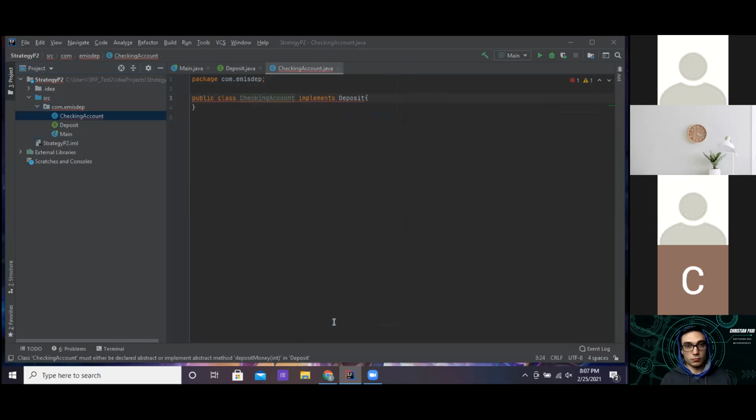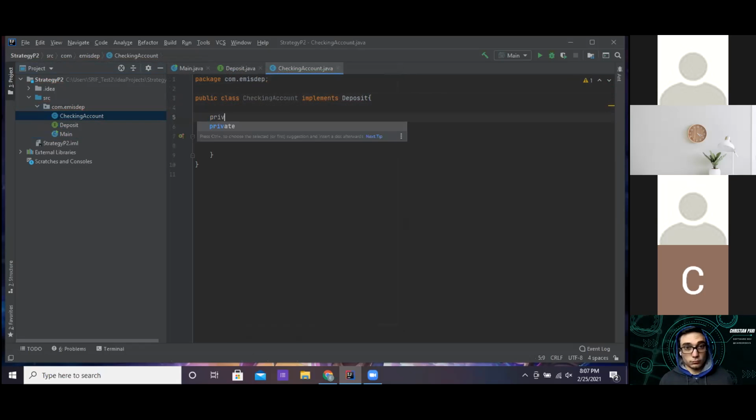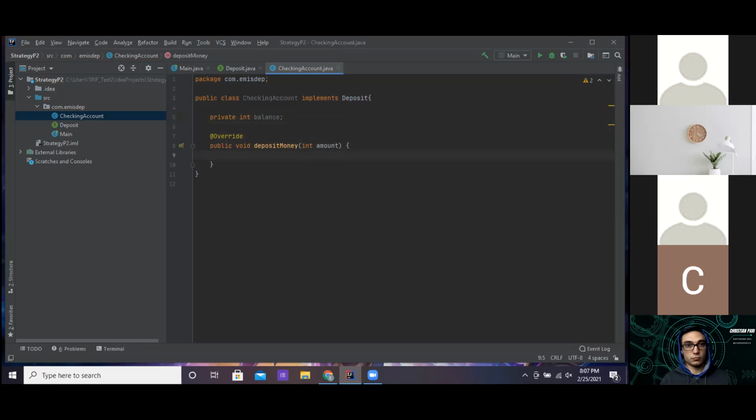It's going to implement the method from deposit. It's going to keep it really simple and give it a value into balance for what the balance is on the checking account.